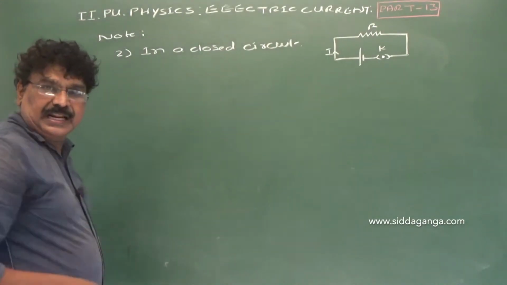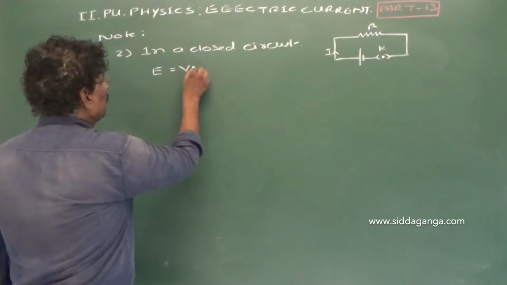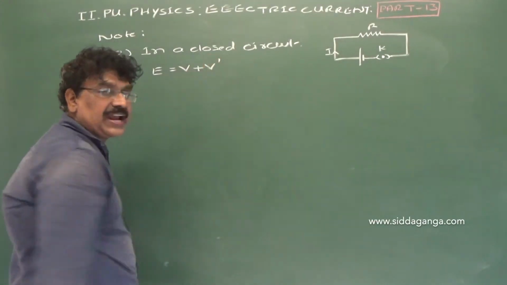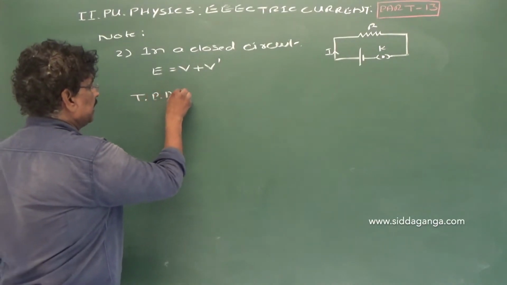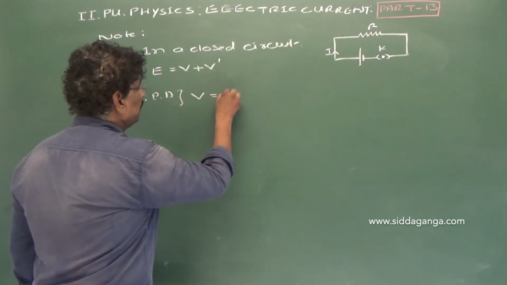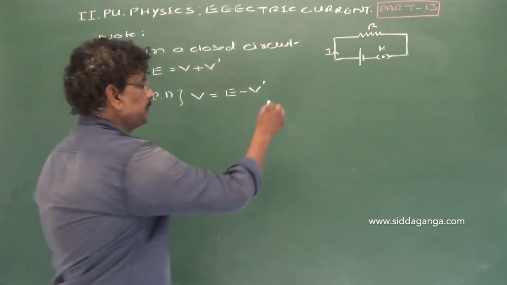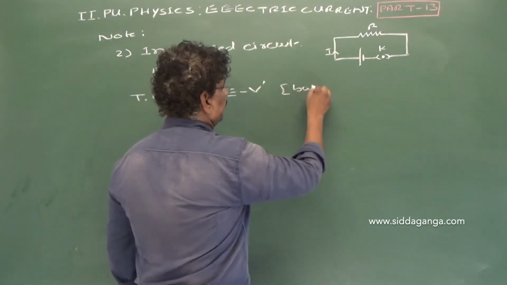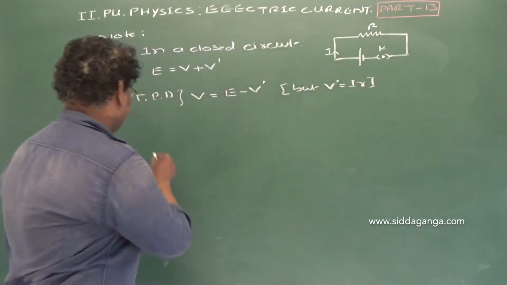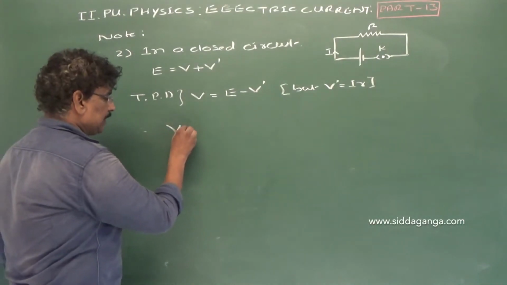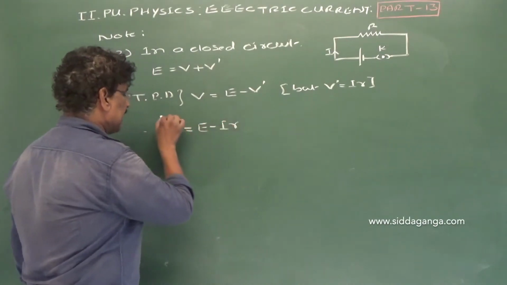Now in closed circuit we have EMF E is equal to V plus V dash, or terminal potential difference V is equal to E minus V dash. But V dash is equal to IR. Therefore, terminal potential difference of a cell is equal to E minus IR.